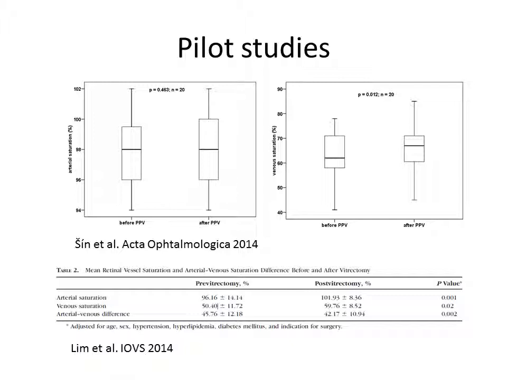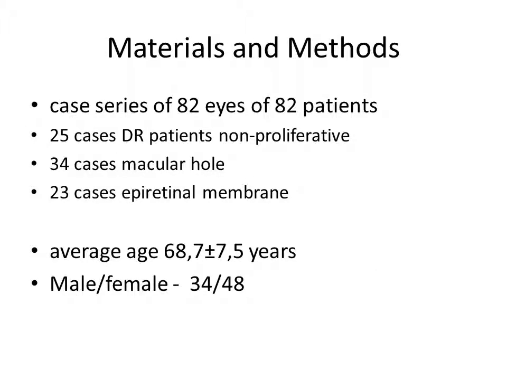But both of these studies were on a very small sample, so we were forced to enlarge the cohort and create a deeper insight with more information which we can obtain from the results.